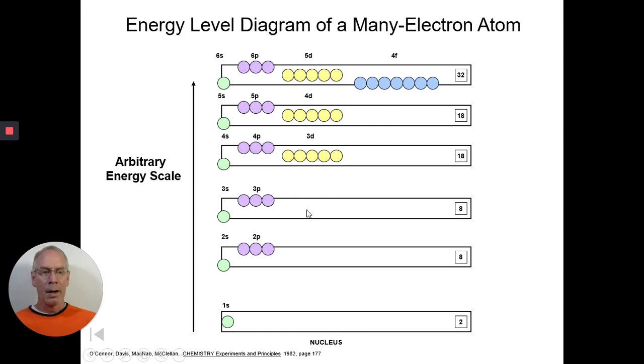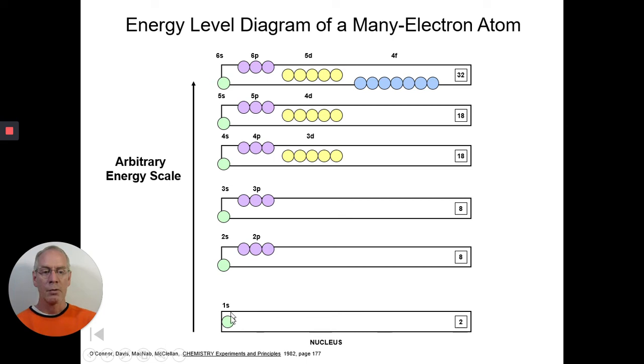Now, if we accept this model, then when we put electrons in, they're going to be like water filling a bucket. Imagine this is a bucket and somebody's drilled a bunch of holes in it. The water is going to pour out from the bottom hole first, and once the water is enough, then it'll fill up here.